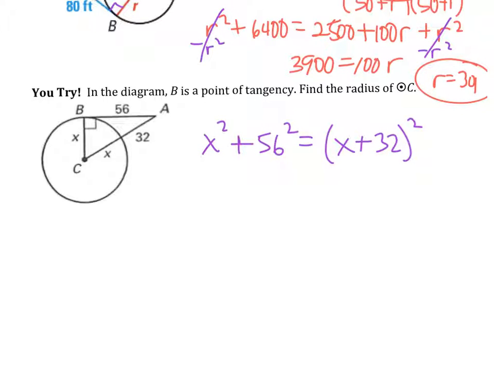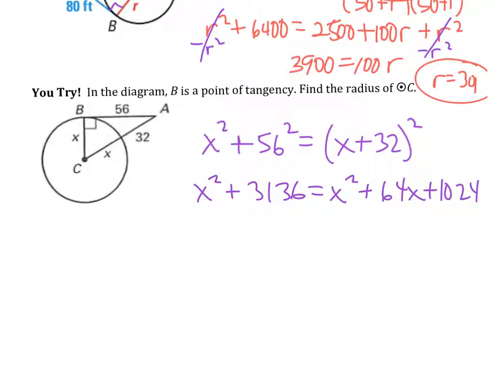All right, did you get x squared plus 56 squared equal to x plus 32 squared? x squared plus 3,136 equal to x squared plus 64x plus 1,024. The x squareds cancel. Subtract the 1,024. You get 2,112 equal to 64x.